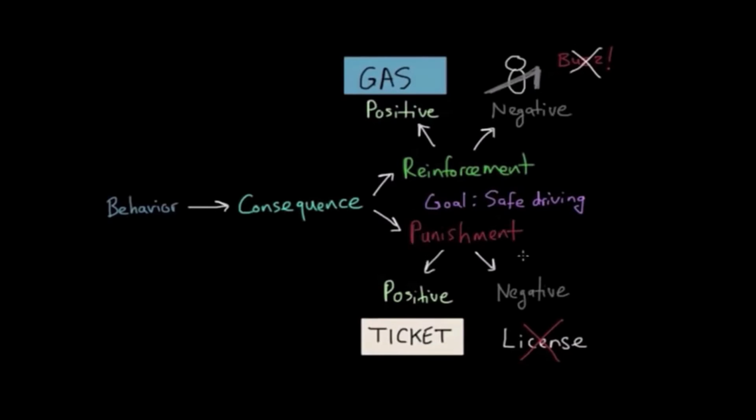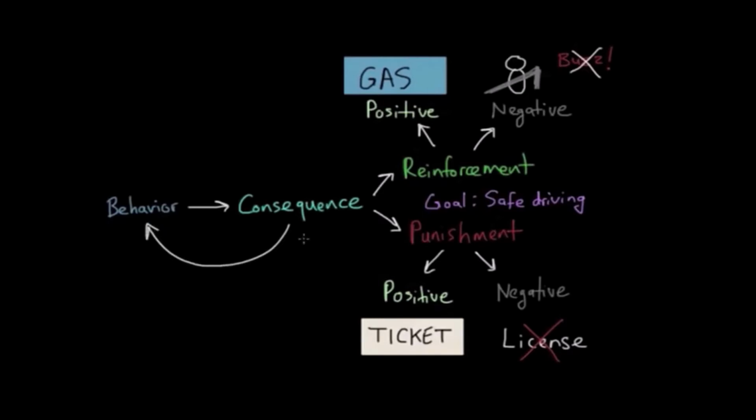So these are the 4 types of consequences. You have positive reinforcement, negative reinforcement, positive punishment, and negative punishment. And one last thing I want to illustrate here is that all of these have a reciprocal relationship. All of these consequences influence and shape the behavior.